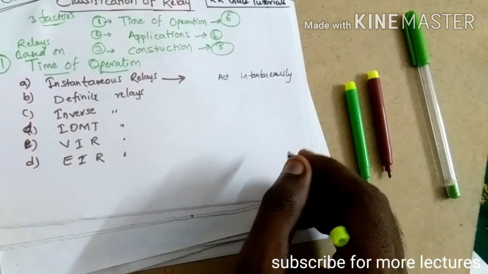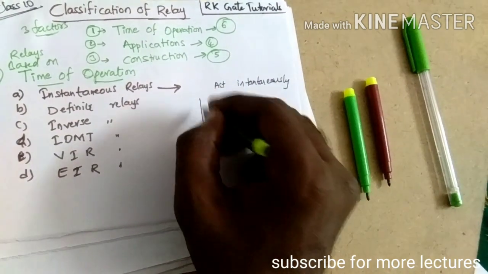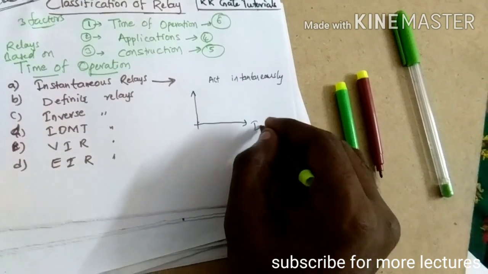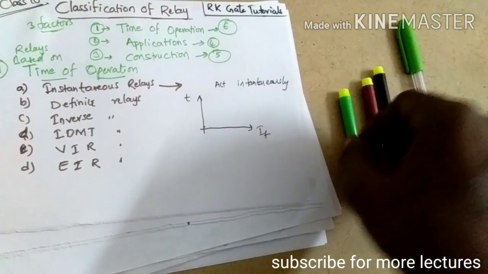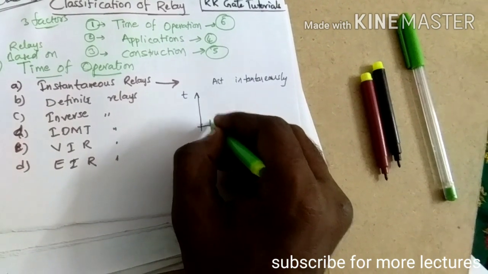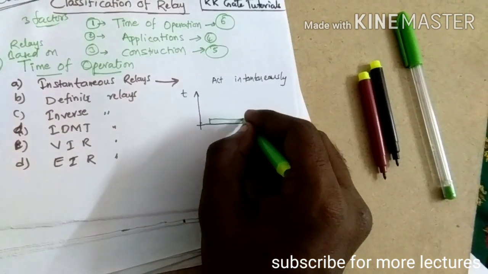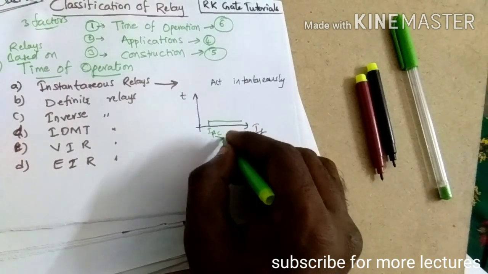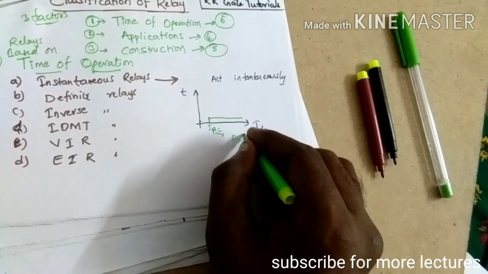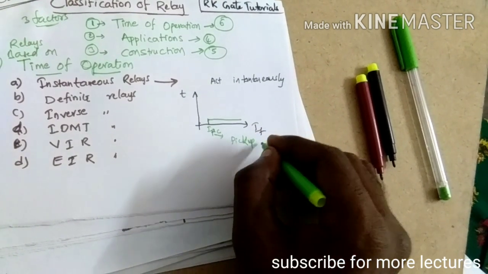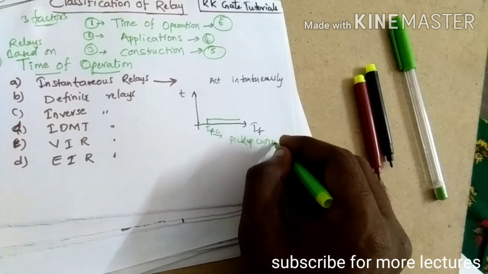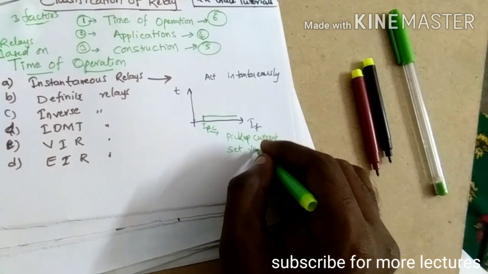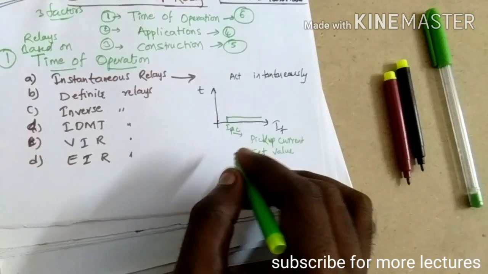They will act instantaneously. If you plot time versus fault current magnitude, this is the fault current magnitude and this is the time. Here is the relay pickup value, the pickup current, IPC, or you can say the set value, beyond which only the relay operates.